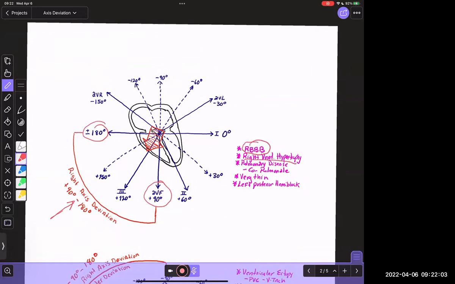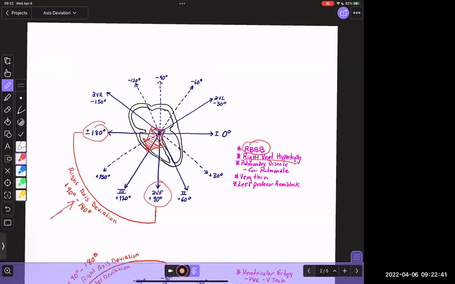And let me ask you, why do you think right ventricular hypertrophy would cause a rightward axis shift? Because it takes more electricity to make that large ventricle contract. You're exactly right. So you're actually going to have more force required, so more vectors moving downward and to the right in your right ventricular hypertrophy as opposed to your normal heart, and that is going to pull your axis to the right.